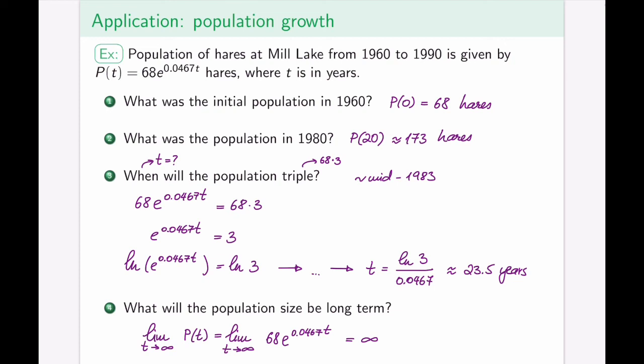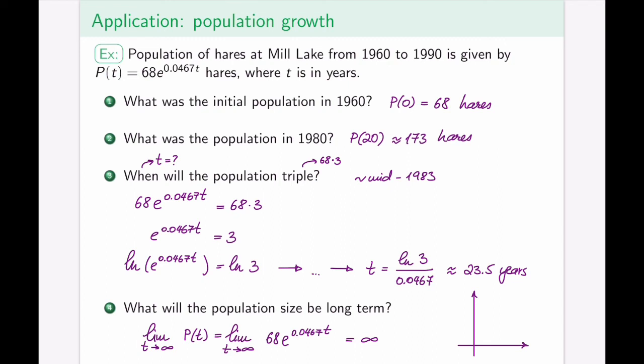So we understand that this is basically why these types of models are not very good for long term, because no population will really approach infinity. Eventually they will come across various constraints such as size, space, and whatnot. Now here, because we have all of the information, we can actually sketch a quick graph of our function.